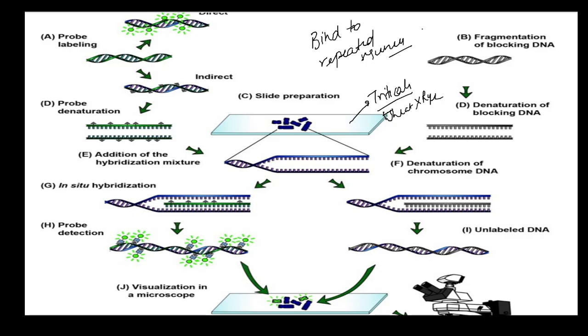Suppose this is the rye chromosome, this is the wheat chromosome, and these are the repetitive sequences. Then the blocking DNA binds to these regions so that the background noise is less.